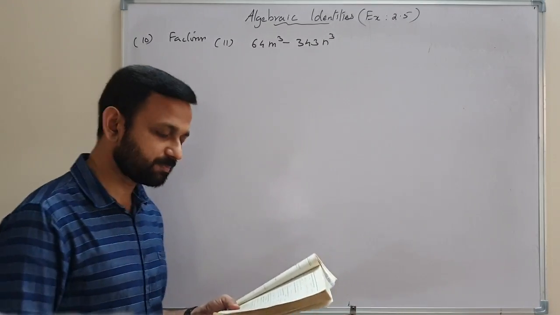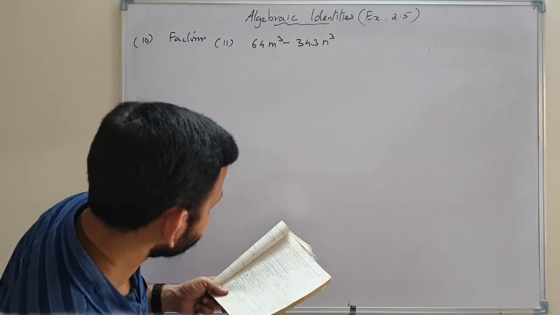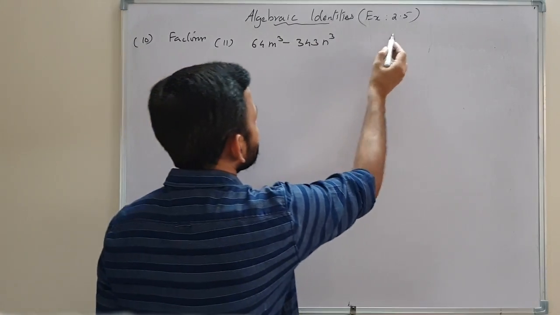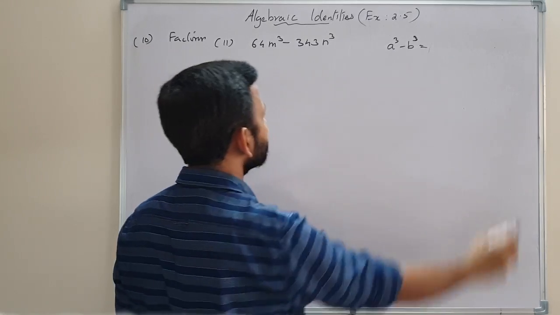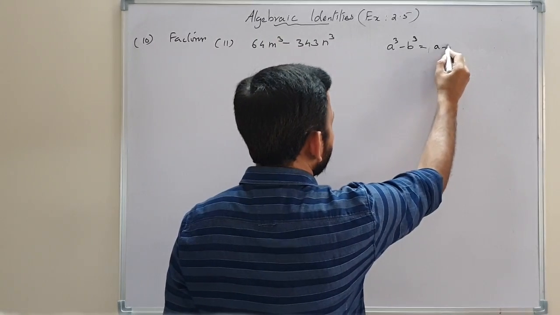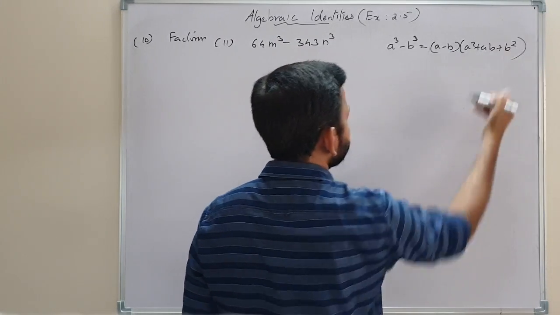64, we can do first because we have done the same identity in the previous question. And here, okay, I will explain. 64m cube, so we need to reduce it into the a cube minus b cube identity. a cube minus b cube is equal to a minus b into a square plus ab plus b square.